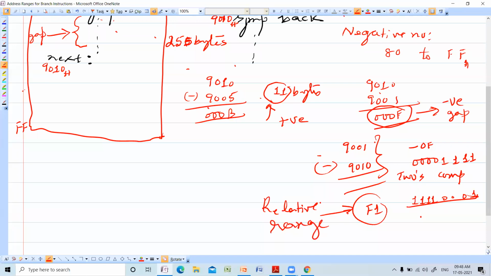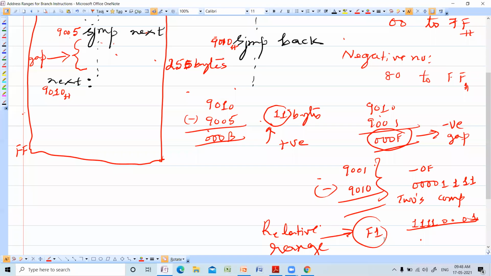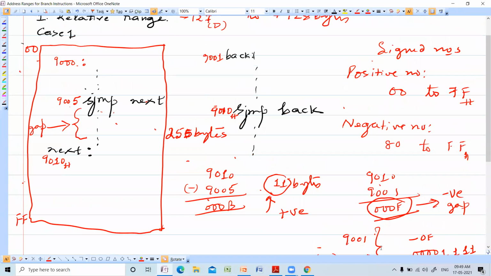This F1 is nothing but the relative range, which happens to be negative. It is negative because you are doing 9001 minus 9010. You will get minus F. Minus F is nothing but F1. F1 is the permissible relative range where you are jumping back.